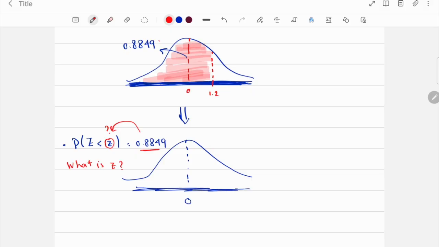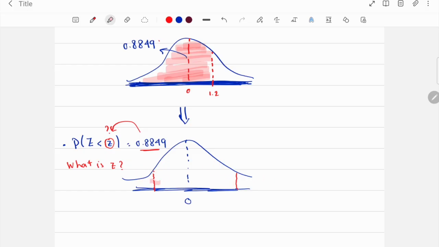So you have to locate now where that z is. Is it here, is it here, or is it here on the right? If it's on the left, then this statement doesn't make sense, because the question says the area at the left-hand side of this little z is about 88%. Is that 88%? No, it's less than 50%, because we know that the middle splits it into 50% on the left and 50% on the right.